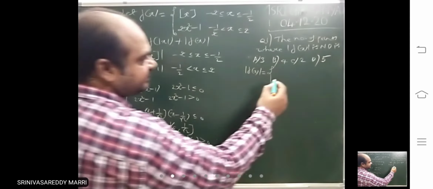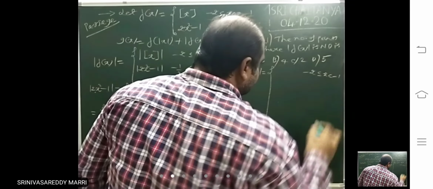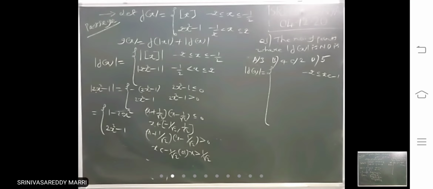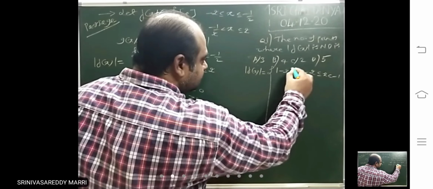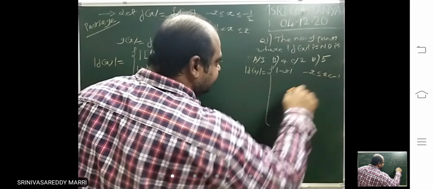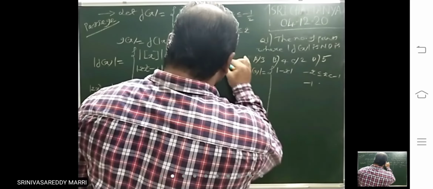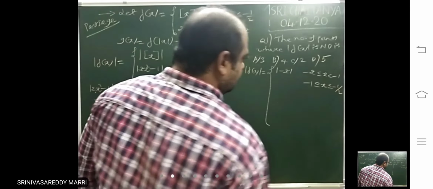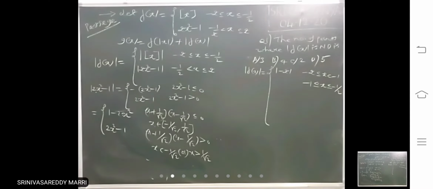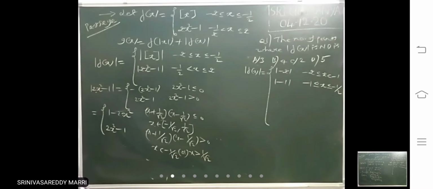If x lies between minus 2 to minus 1, its definition will be minus 2, since for n less than or equal to x less than n plus 1, step x is n. Similarly, for minus 1 to minus 1 by 2, if you take any value, it will be minus 1.